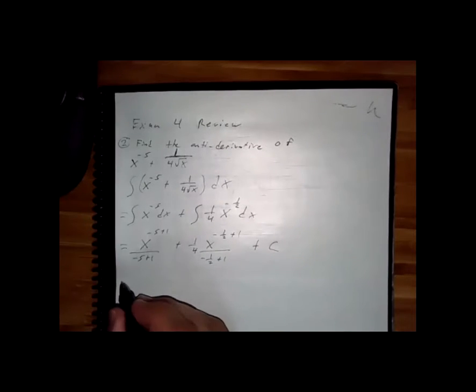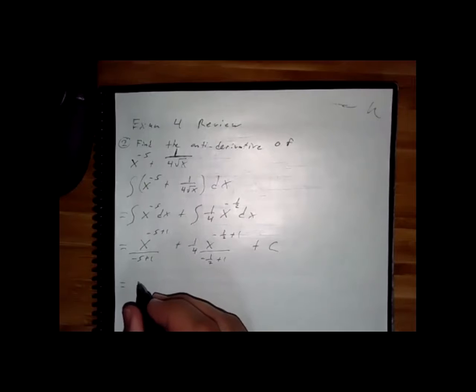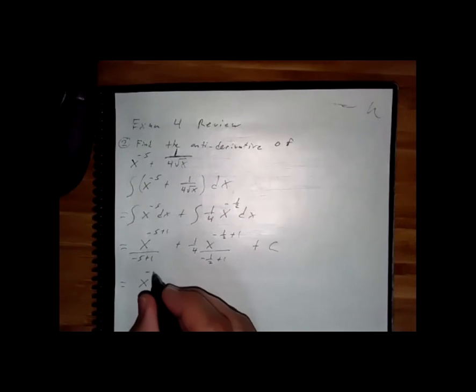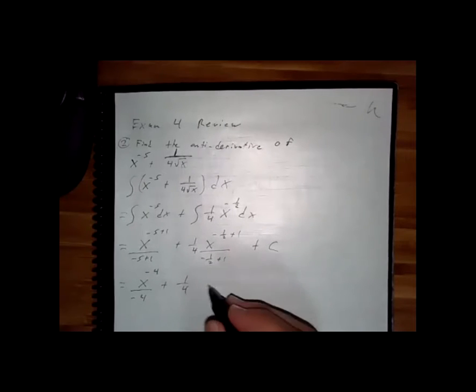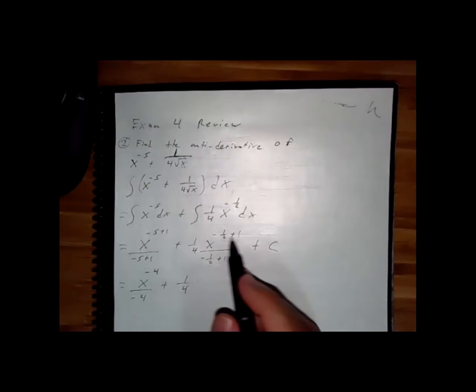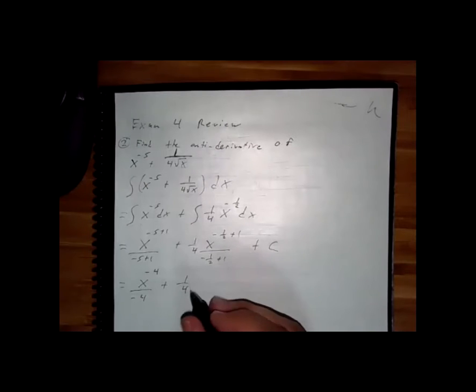Right now it looks all funky, so let's fix it. So we got -4 here over -4 plus 1/4. -1/2 plus 1, that's going to be a half, right?